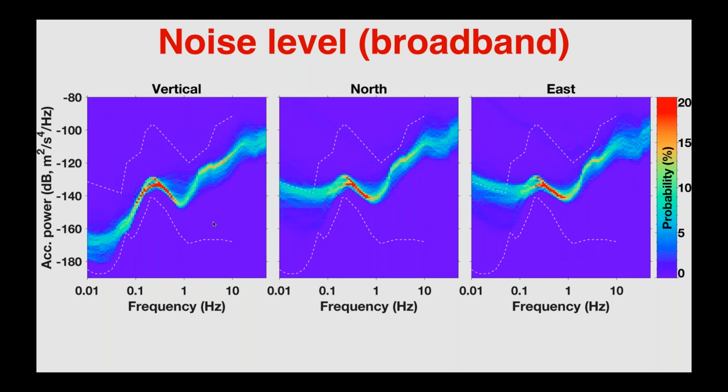The noise level of the broadband sensor is actually quite nice, and at periods longer than 10 seconds, we can see some very clear signals, and the noise level is not very high either. If we want to use a long period horizontal component, we need to be careful, but other than that, the quality of data I would say is very good.